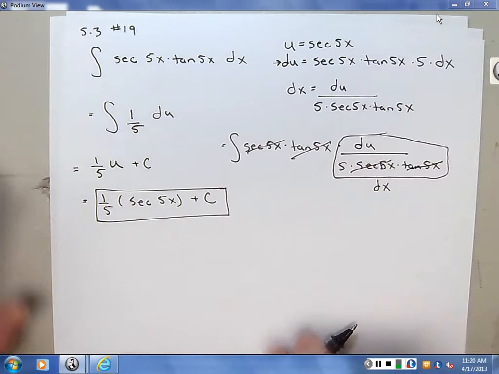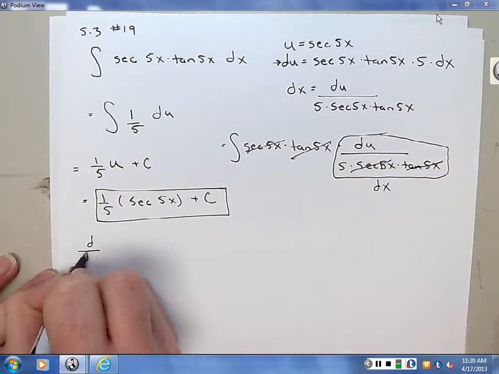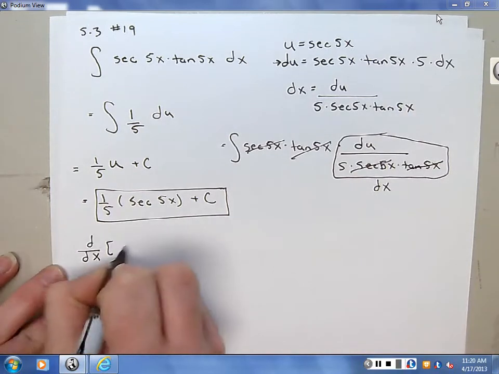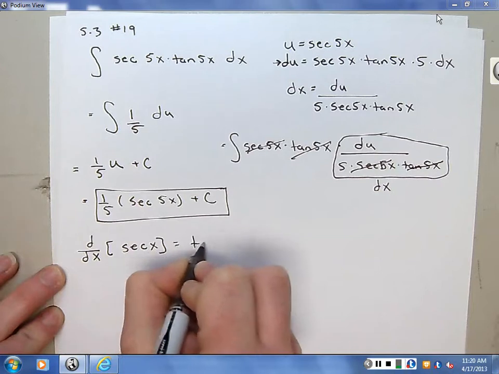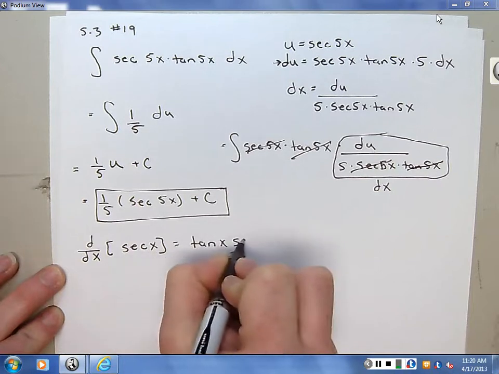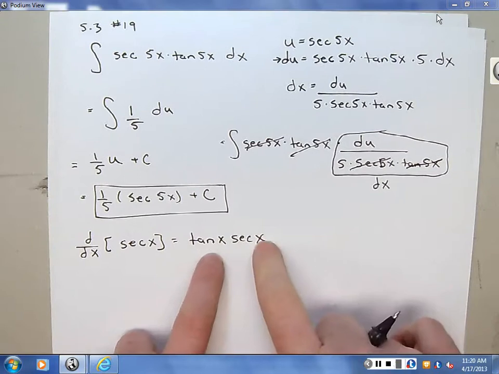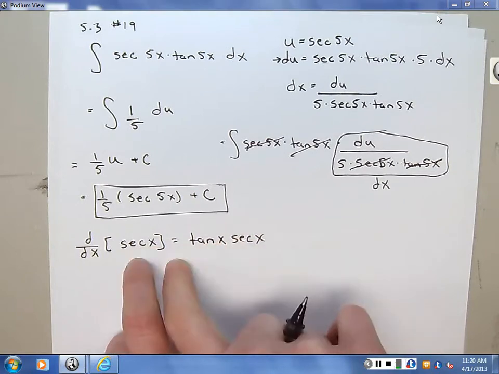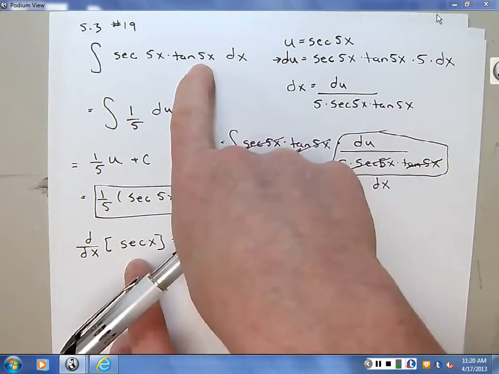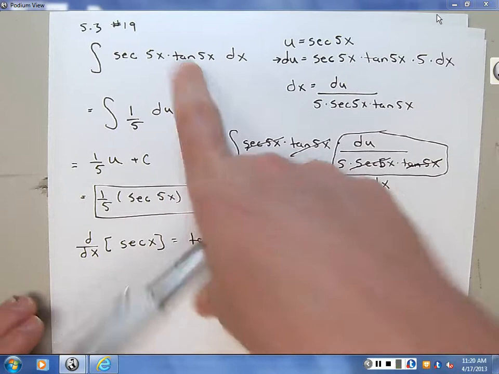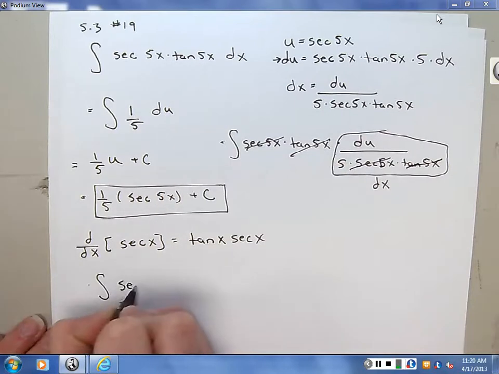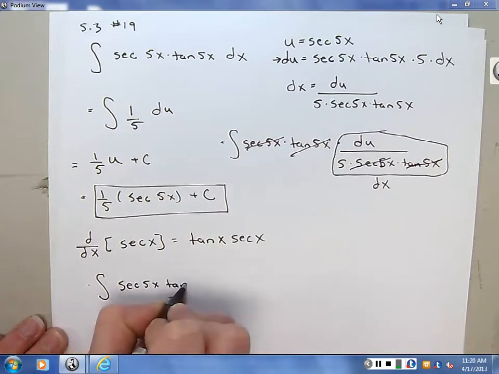But you know that the derivative with respect to x of secant of x is secant tangent. Or tangent secant, same thing, right? So if I integrate tangent secant, I get secant. So I could do a u substitution here to be 5x.